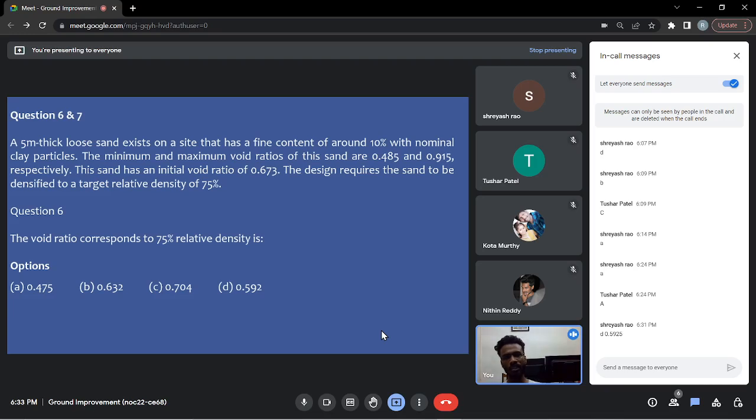Minimum and maximum void ratios are given. Relative density is given. So I guess it shouldn't bother you to calculate the void ratio corresponding to the given relative density.